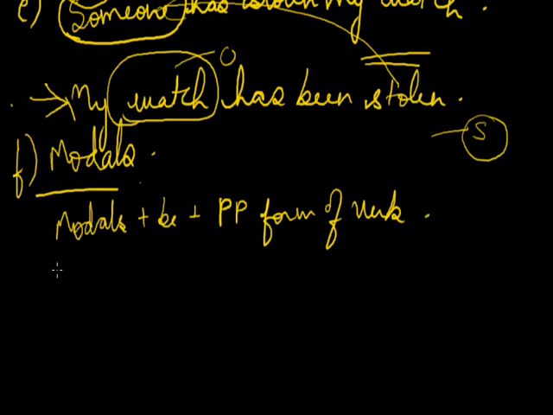"Children can be kidnapped by a decoit." The second example: "The cop should chase the terrorist." Here should is a modal. If I convert it into a passive sentence, again I will follow the same thing: "A terrorist should be chased by the cop," that is modal, be, third form.